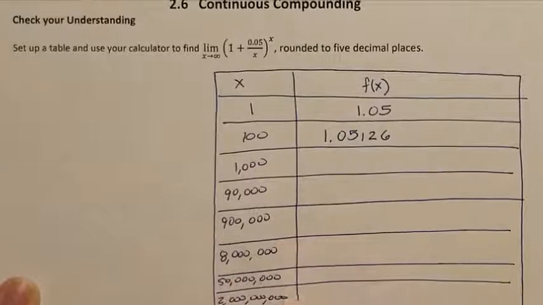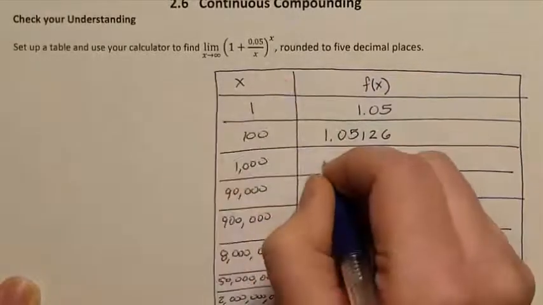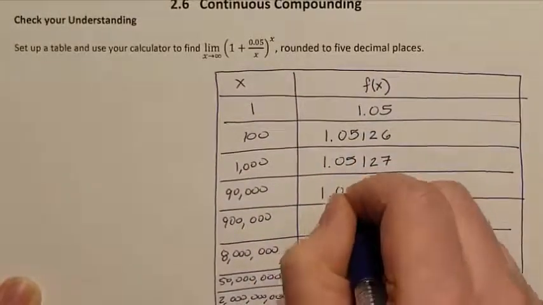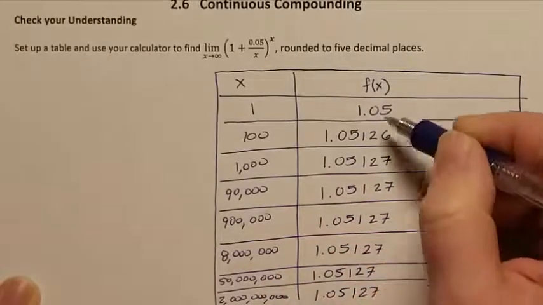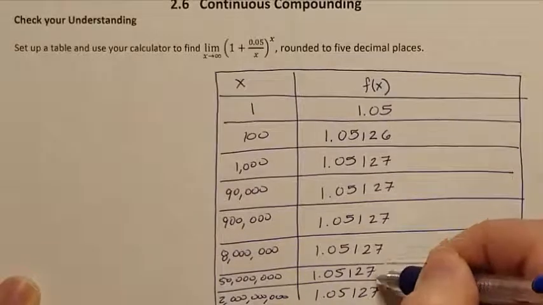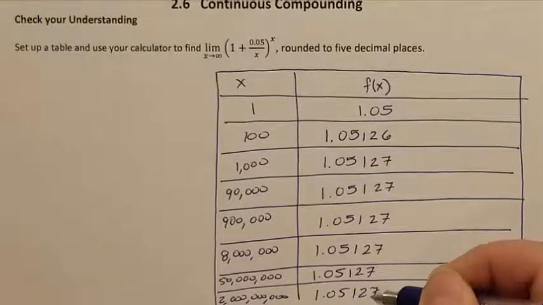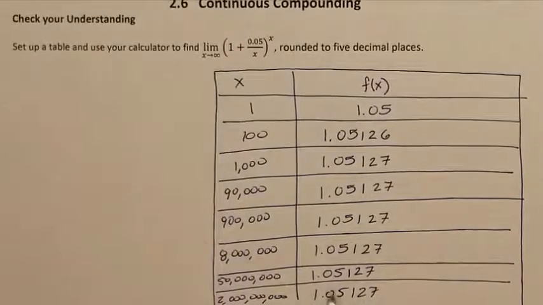Plugging the rest of the values into this big problem on my calculator, I notice it stopped getting higher or lower. It stopped moving. So it looks as though this was its ending place.